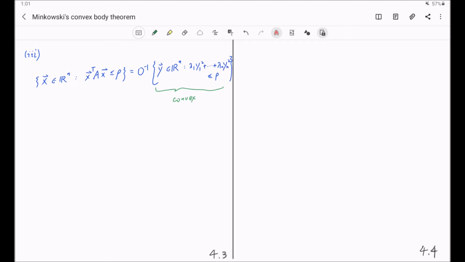When n is equal to 2, you can easily see that this gives you an ellipse in the plane. But we shall do this more rigorously. So let's check it.